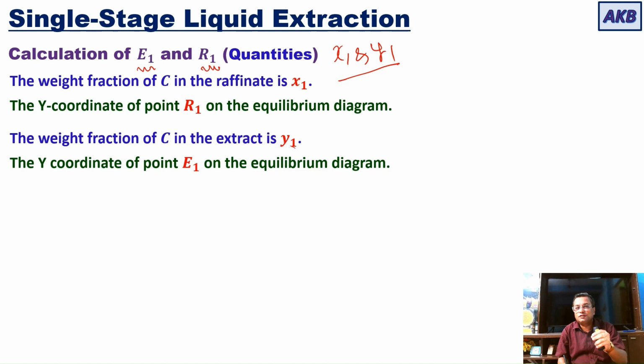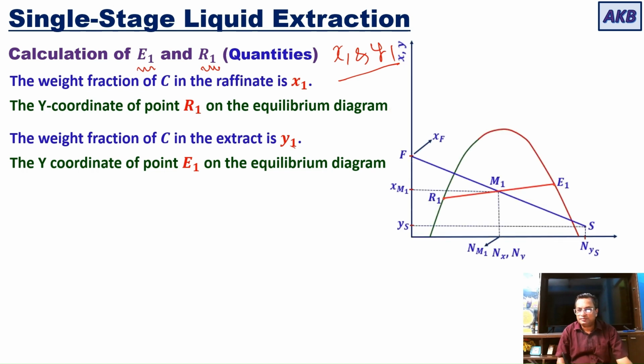The y coordinate of the point R1 will be nothing but x1, and the y coordinate of the point E1 will be nothing but y1. I am showing over here, we have this point R1, whose y coordinate is x1, and this point E1, whose y coordinate gives us y1.